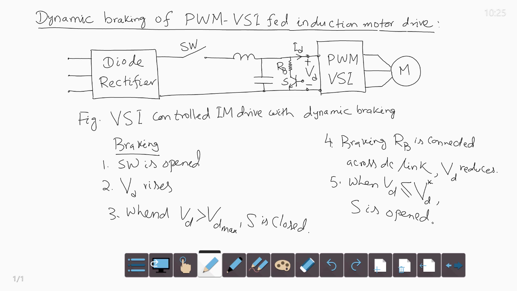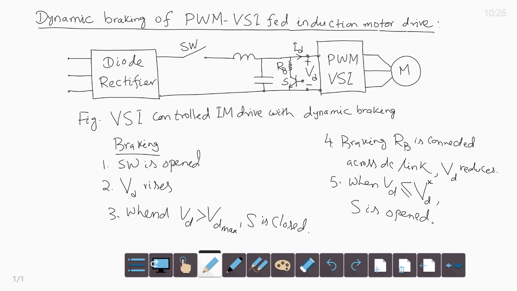As switch S is opened, the resistance RB is no more across the DC link. In that case the regenerated energy from the machine charges the capacitor and capacitor voltage rises.